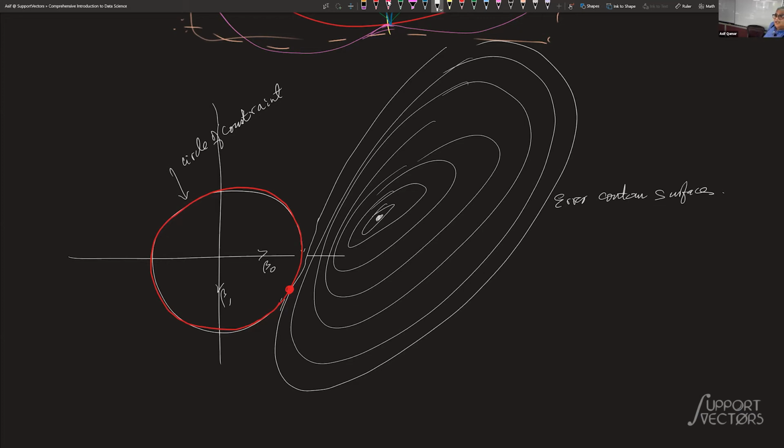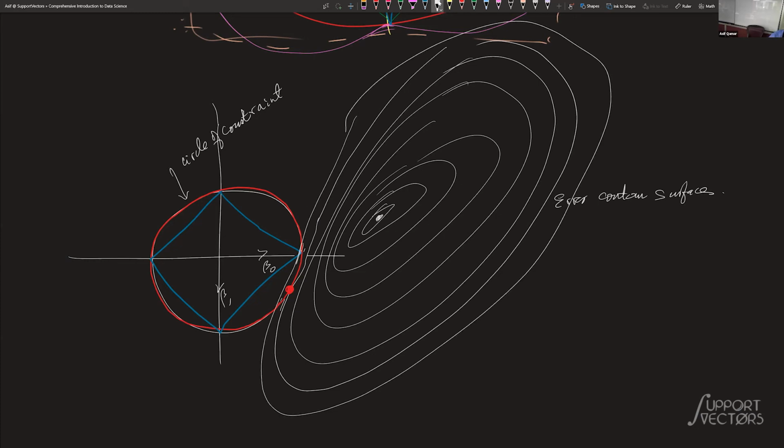I deliberately made sure that the point of contact is not on the axis, right? On the other hand, observe something very interesting. If I made it more pointy, if it was like this, the blue one, do you realize that there is almost no escaping the fact that the blue one will go and hit it here on the axis, isn't it?